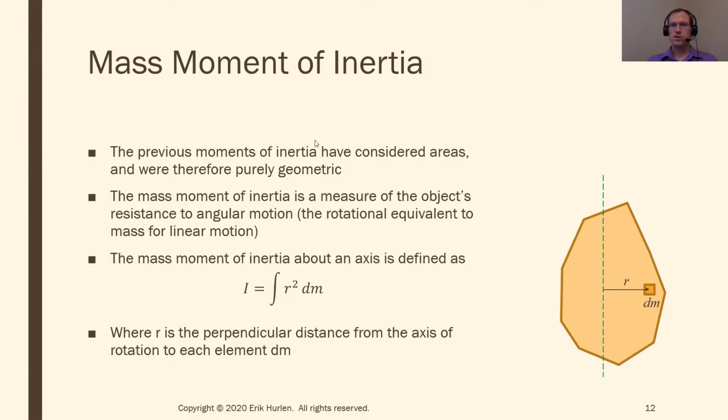Again, the previous ones are purely geometric, only depending on the cross-sectional shape, essentially, which is why it was primarily a 2D thing. The mass moment of inertia will depend not only on the shape, but also the mass distribution. And so this is more of a 3D quantity, usually.